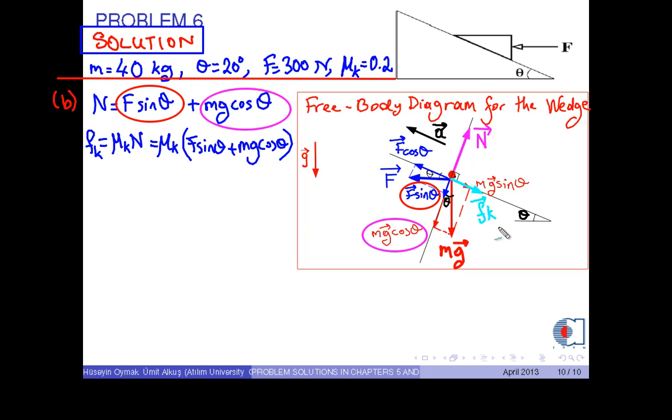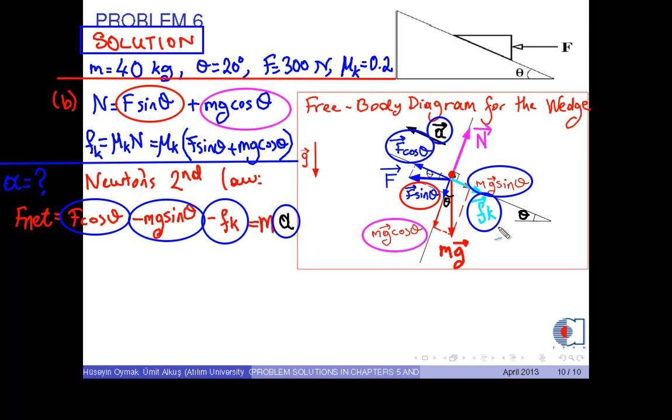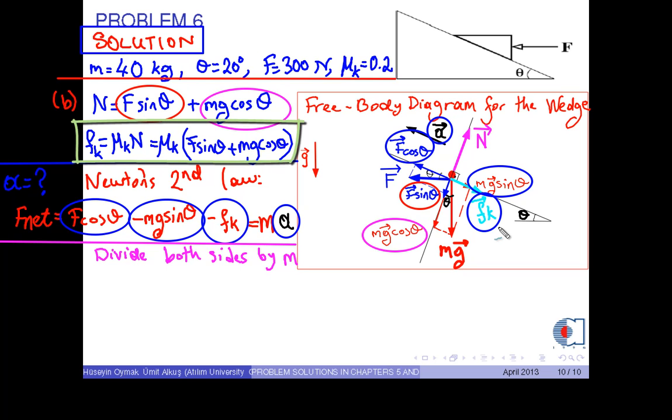To find acceleration A, we solve Newton's second law, which is written here as F net equals F times cosine theta minus m times g times sine theta minus Fk, which is equal to m times A. We divide both sides by m and put the expression for Fk in this result.